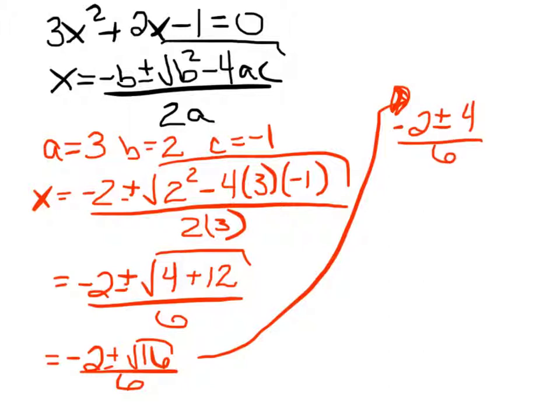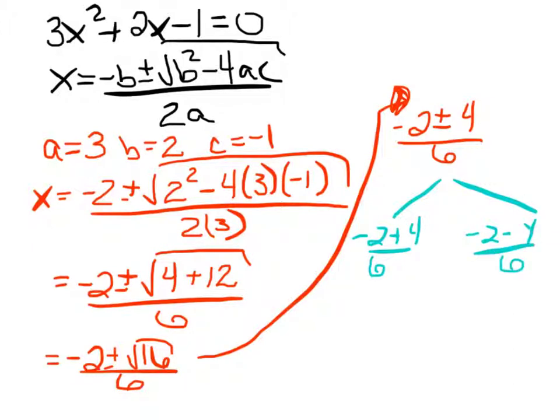So now this breaks into two separate problems that I need to work out. I now have -2 plus 4 over 6, which will be one of my solutions, and -2 minus 4 over 6, which will be my other solution.